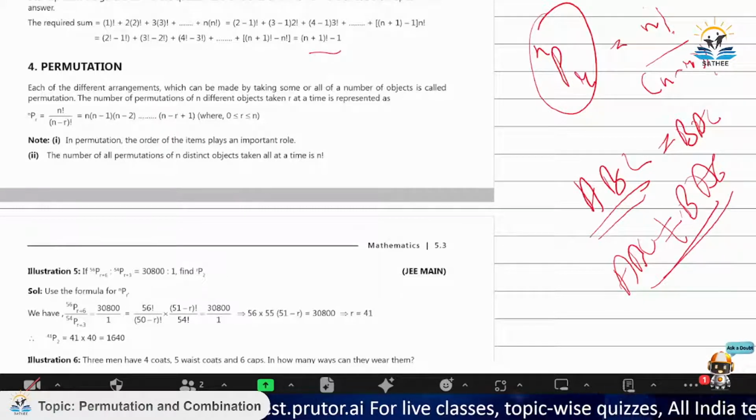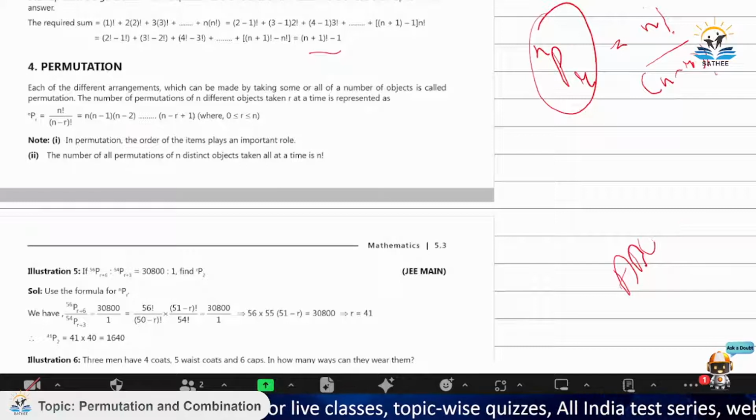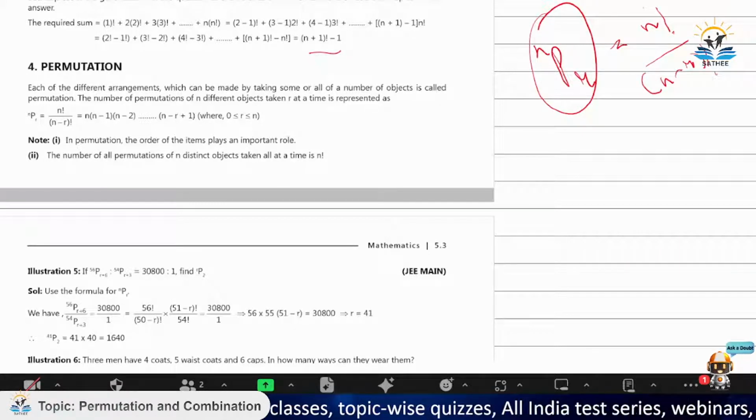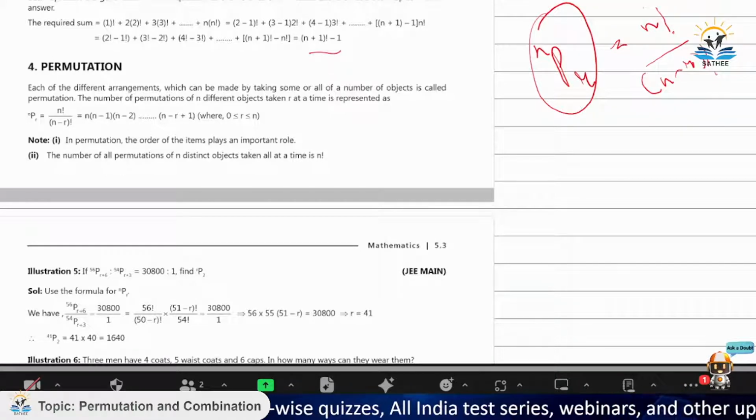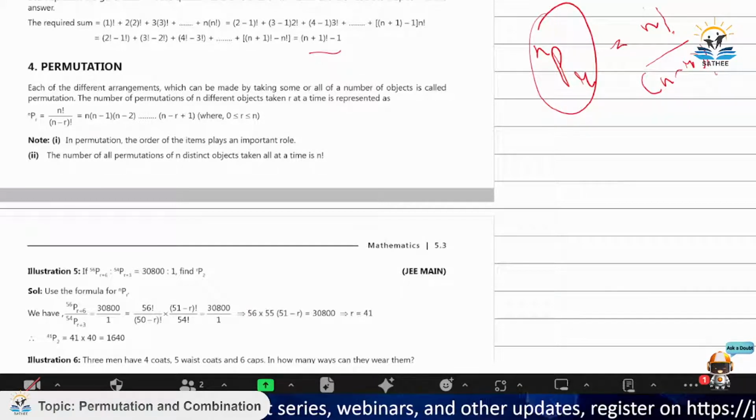Not different sets of items, but different orientation or distribution, whatever you want to say. Different order of items. So these are different objects for permutation. I have read that earlier. Number of all permutations of n different objects taken all at a time is n factorial. Okay.